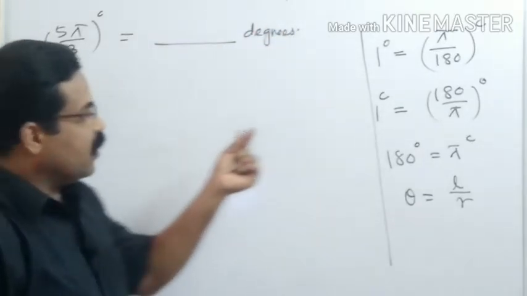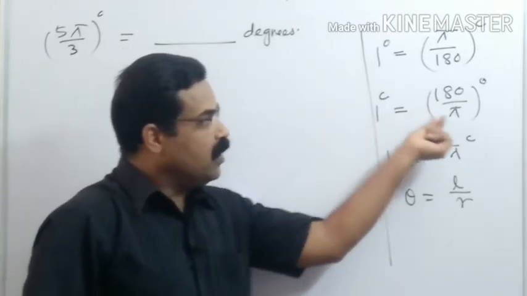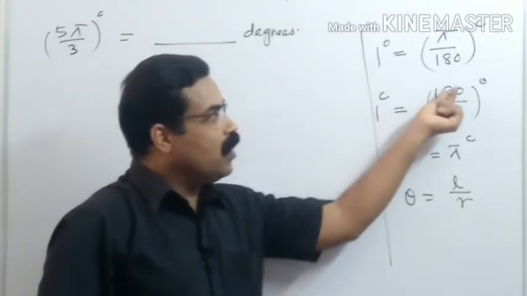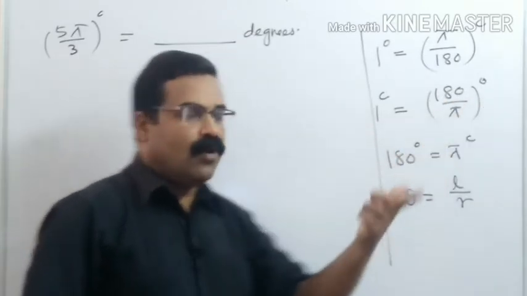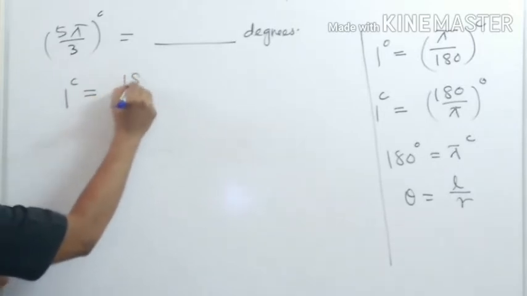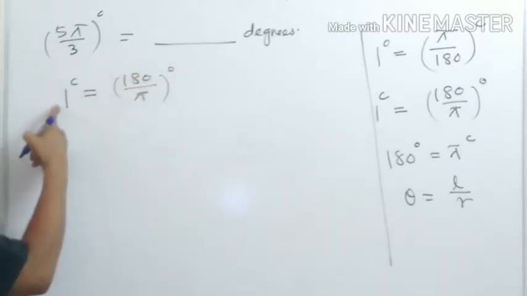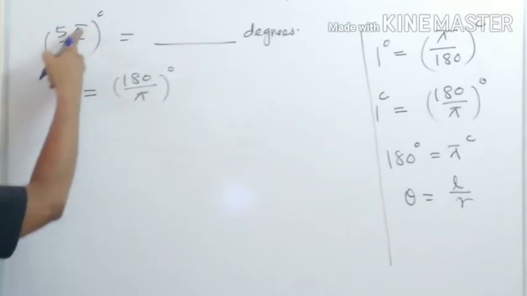So again, you are converting radian into degree. To convert radian into degree, 1 radian is equal to 180 by pi degree. We do not have 1 radian here, we have 5 pi by 3 radians.